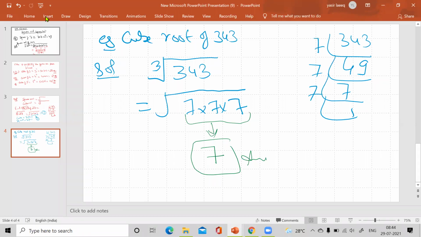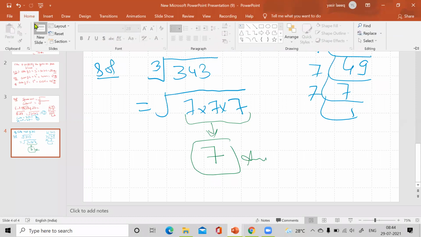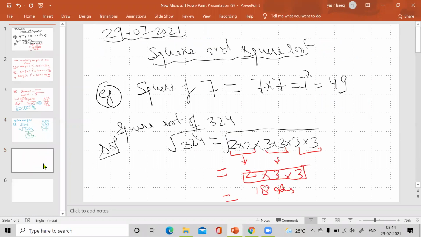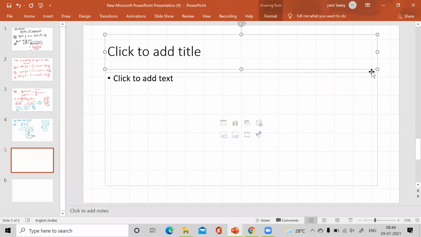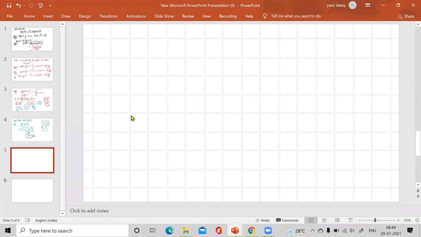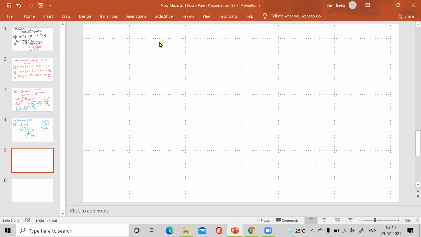See, suppose that there is 25 into 2, 50. Suppose with square root, you have to find the square root of 50.